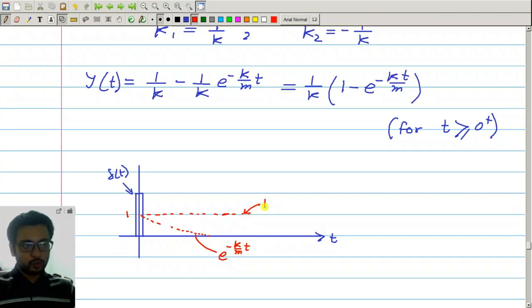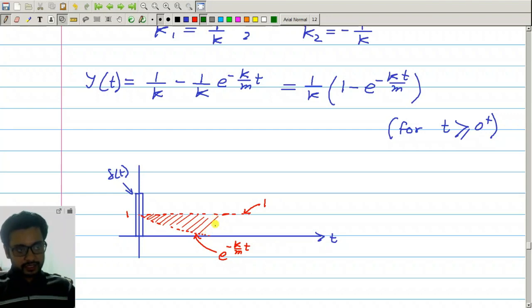This is 1. Now you have to subtract these two, one from the other, and when you subtract, this is the difference between them. So that is initially 0 and then it increases.